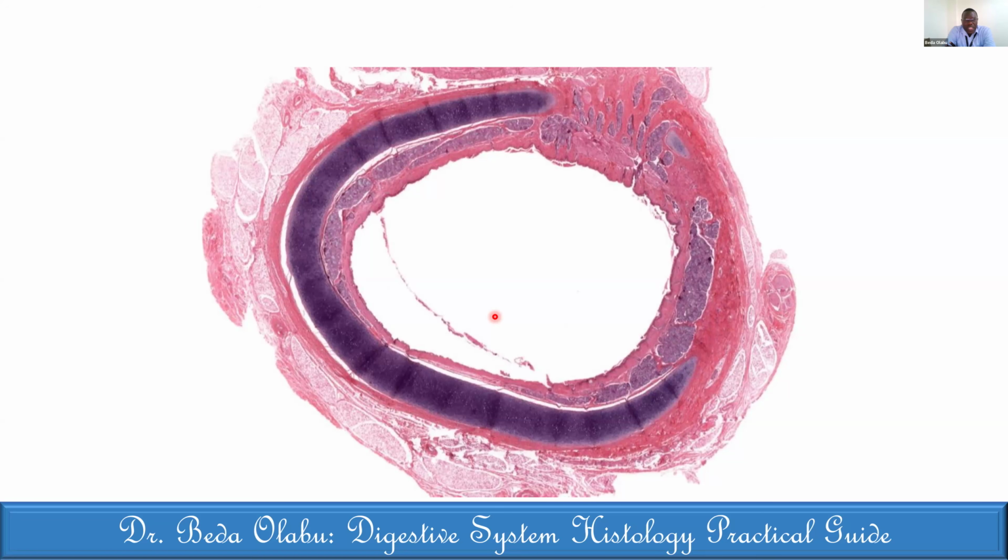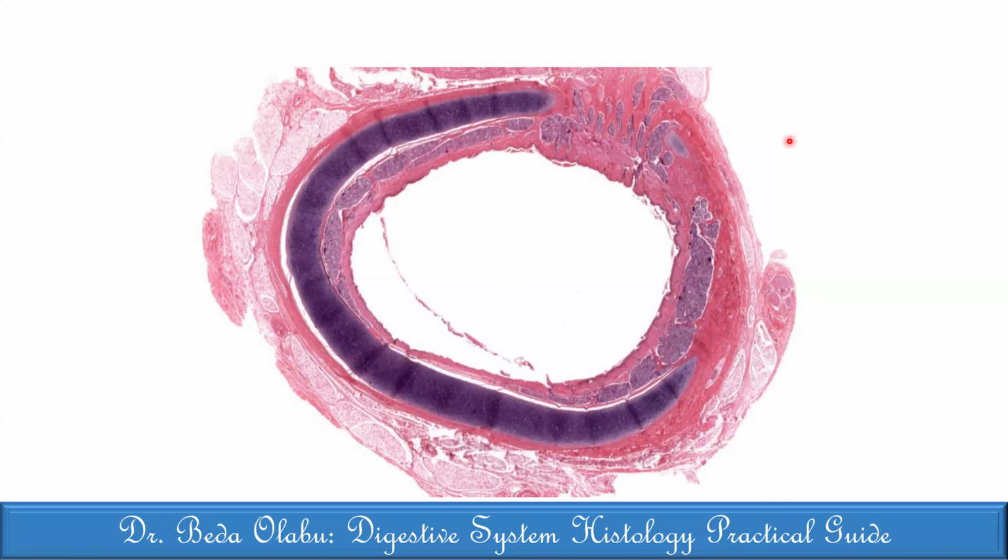So we have a slide projected here. Question: which part is this one and why? Anyone? Yes, Antoinette? I think this is the trachea. Okay, why do you think so?